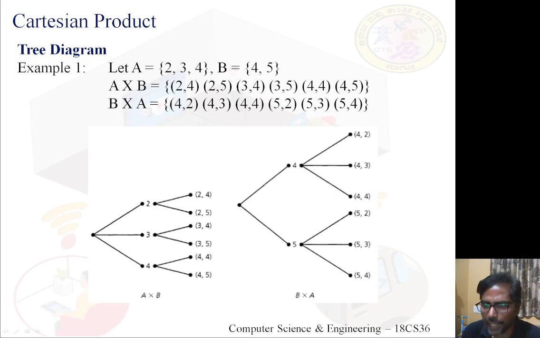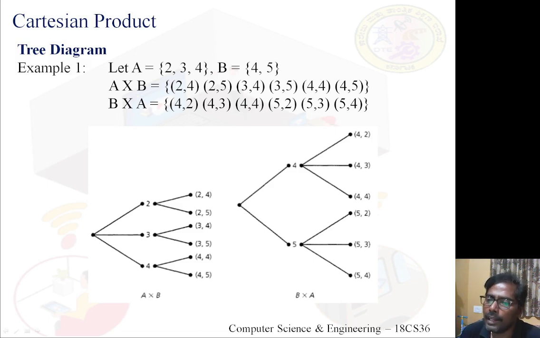As you can see on the slide, for the cross product A cross B, from the leftmost end point, 3 branches originate, labeled as 2, 3, 4, as there are 3 elements in set A. And from each of these labels, 2 more branches originate, one for element 4 and the other for element 5 of set B.